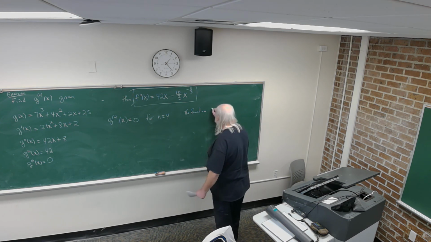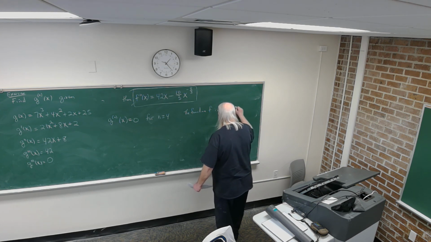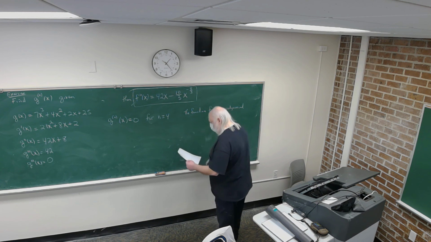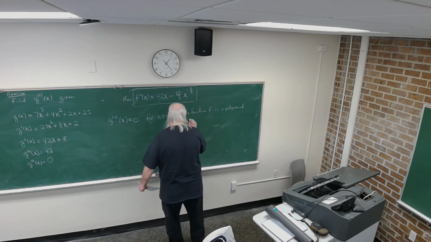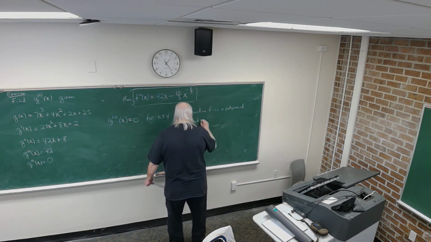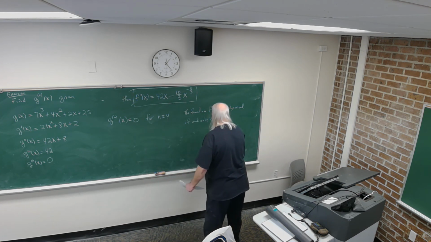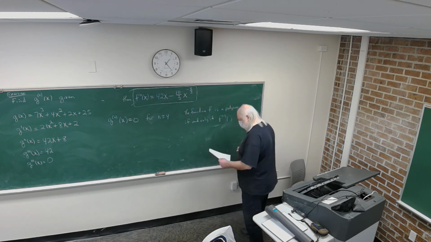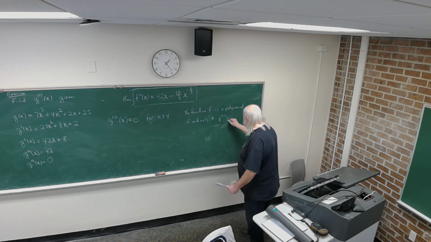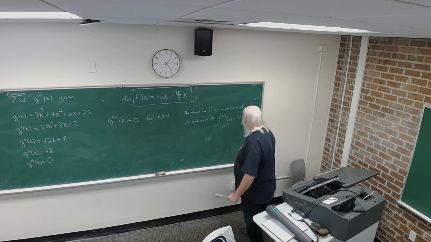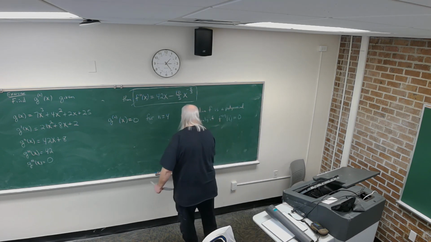The function f is a polynomial if and only if the nth derivative is equal to 0 for some integer n.